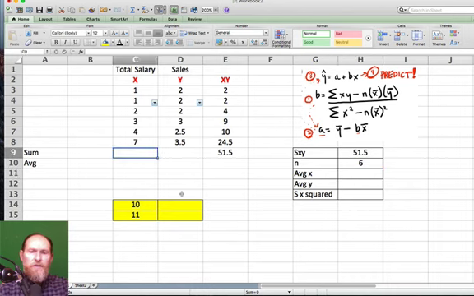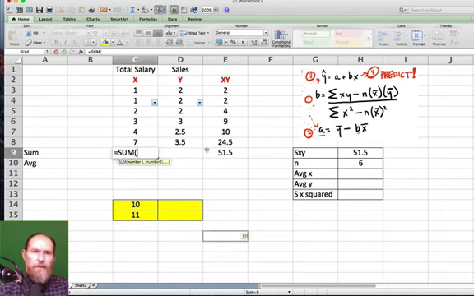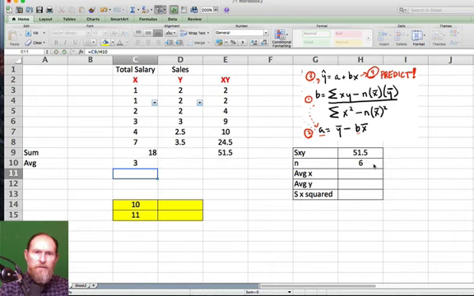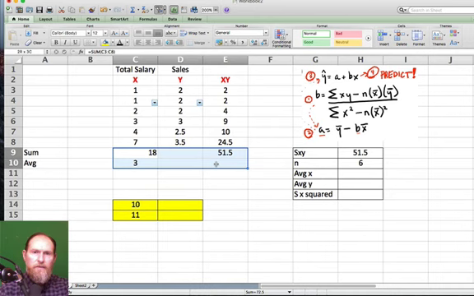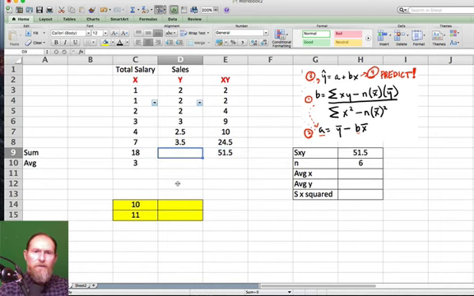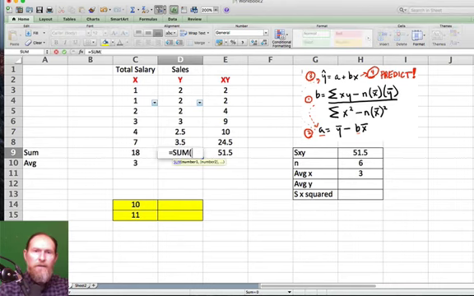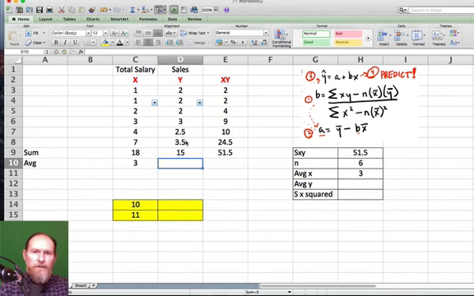My average of X is going to be my sum of X divided by 6. And so that's going to be 3. And then same for Y. Y is going to be a lot closer to X this time. It turns out it's less.